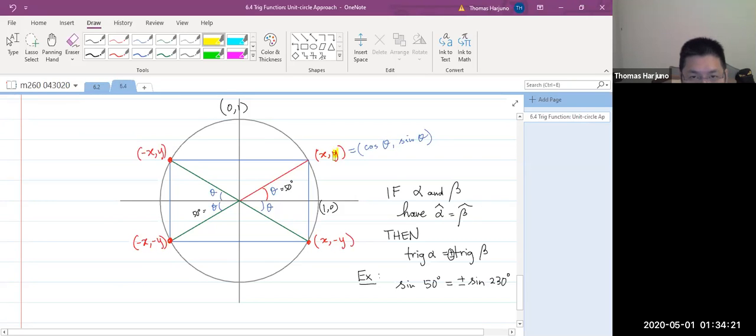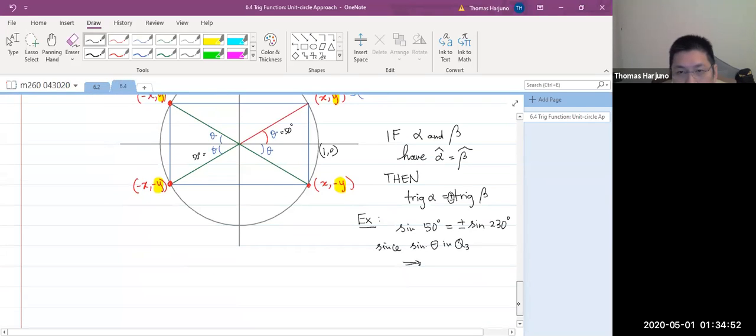So whatever the value there will be the same or opposite to the value here, as long as they have the same reference angle. Now of course, since sine is negative in quadrant 3, then we can go further saying that sine 50 degrees is actually the opposite of sine 230 degrees.